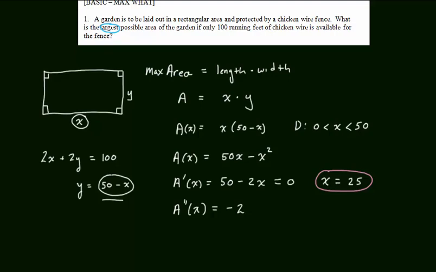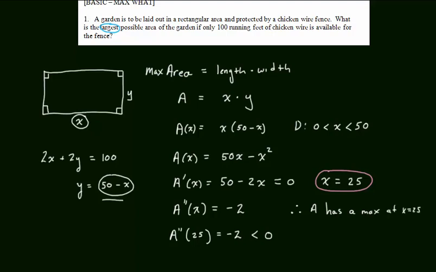Now if I evaluate the second derivative at my critical point, it will still be negative, which is important because it's less than 0. And because it's less than 0, we say normally A has a relative max, but here we're going to say A has an absolute max at x equals 25.